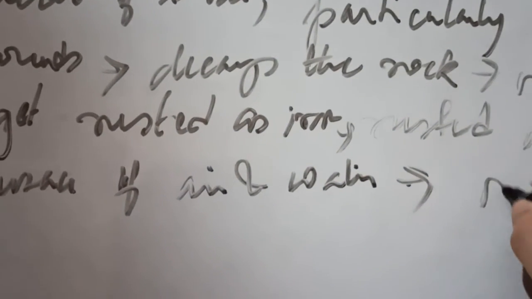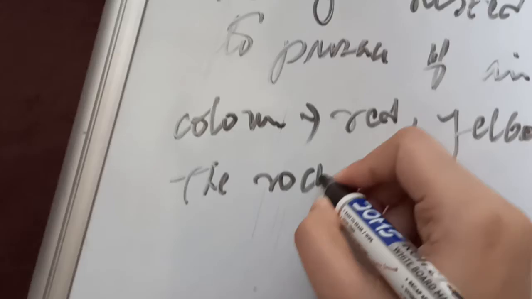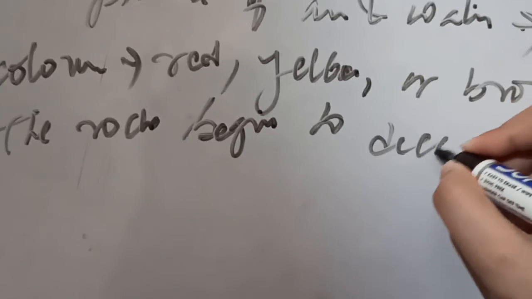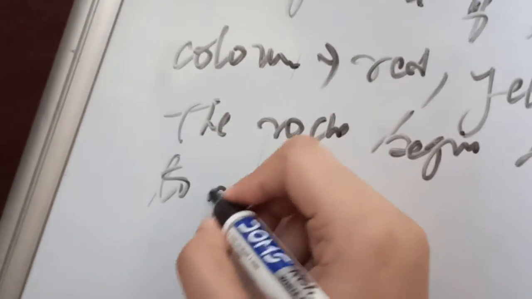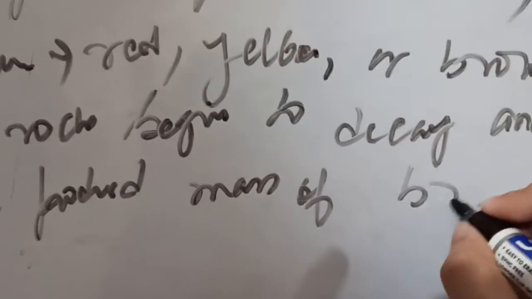Then the original color of the rocks also gets changed and the rock turns into red or yellow or brown. So the rocks begin to decay and then get crumbled to a powdered mass of brown dust.